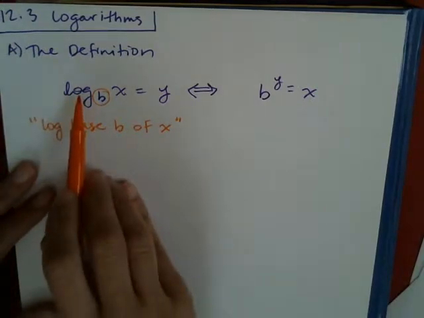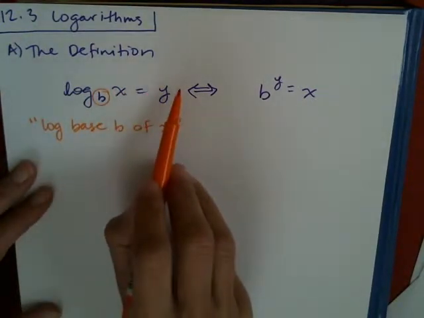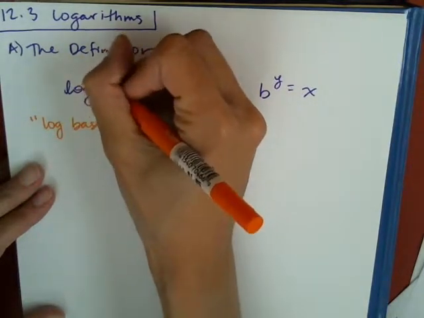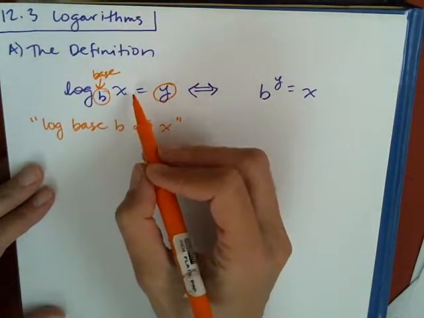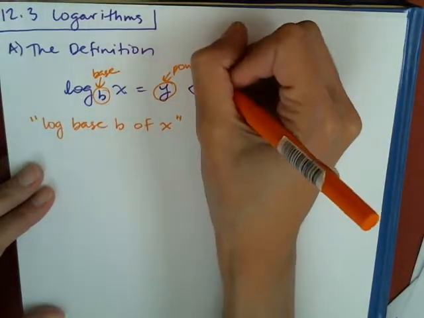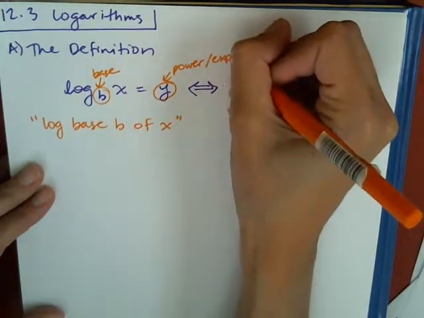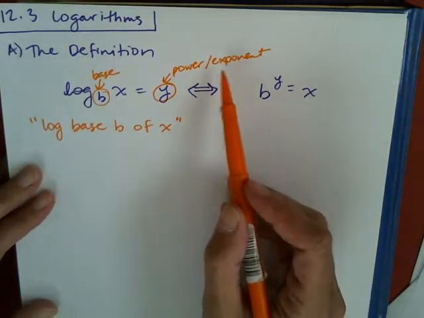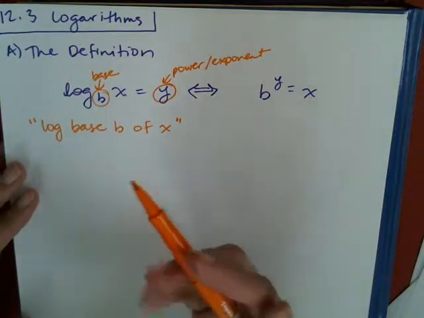So what a logarithm does is it solves for the power. This is the base, and the y is the power or exponent. So these logarithms give us a way of coming up with an inverse function for exponents. How do you undo an exponent?